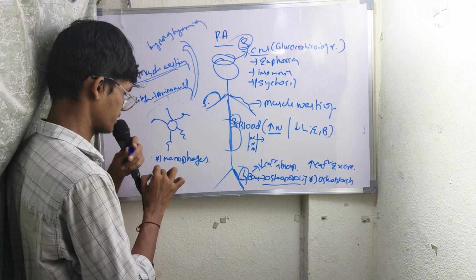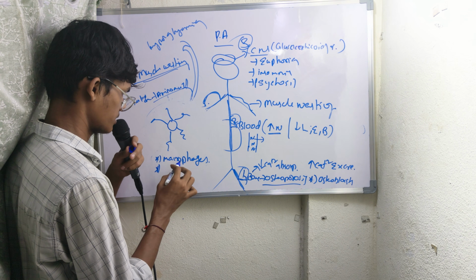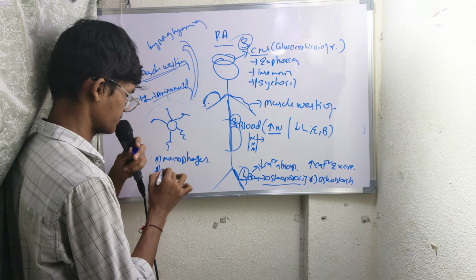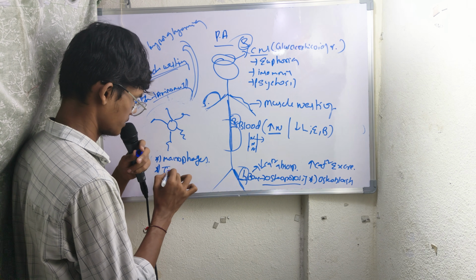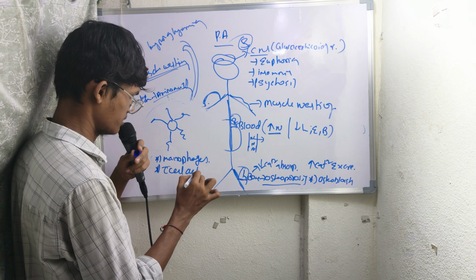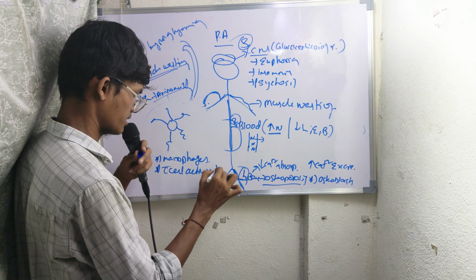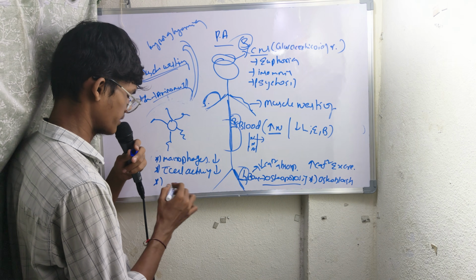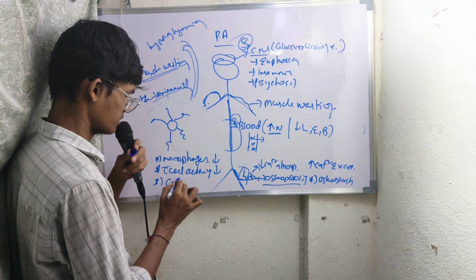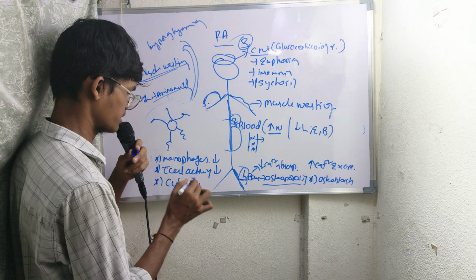That means their activity is reduced. As macrophages are APCs, antigen presenting cells, it might also decrease T cell activity. Due to the T cell activity decrease, cytokines are decreased.